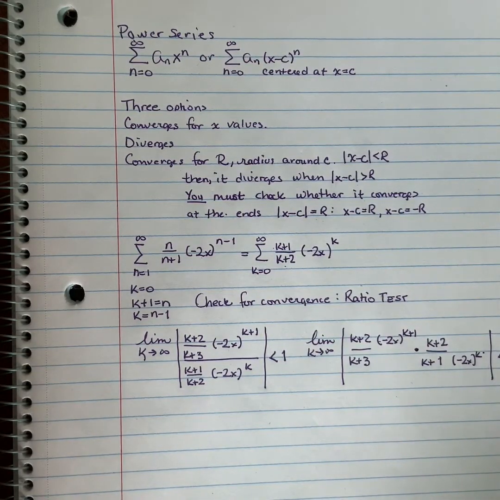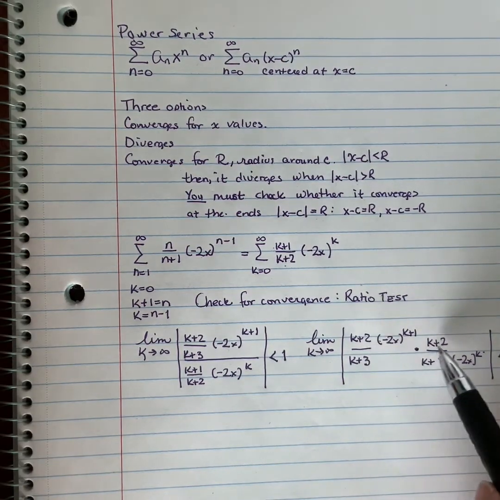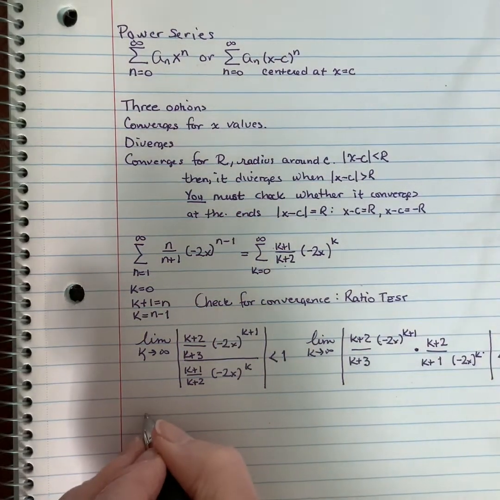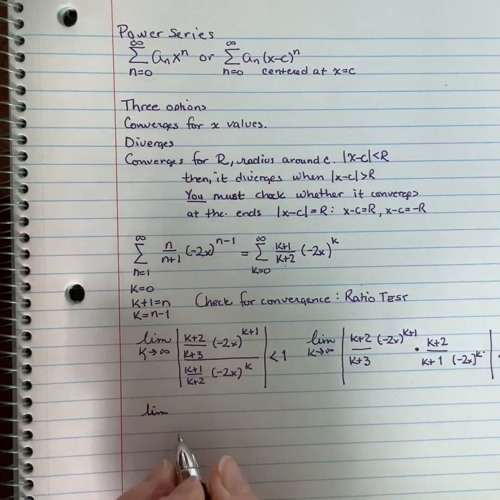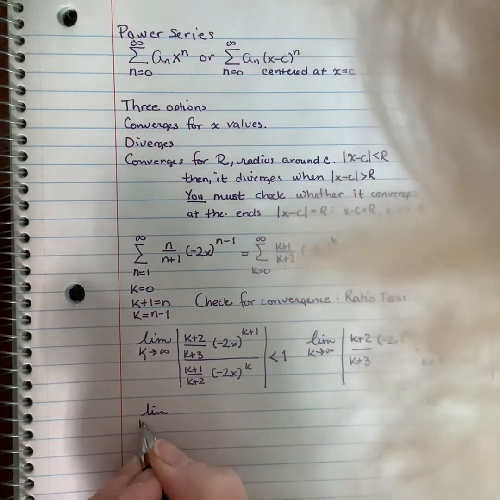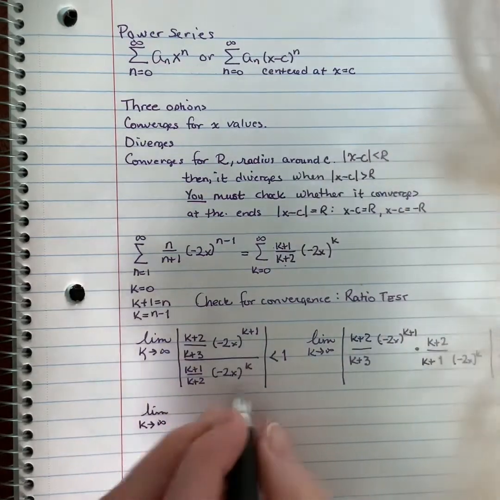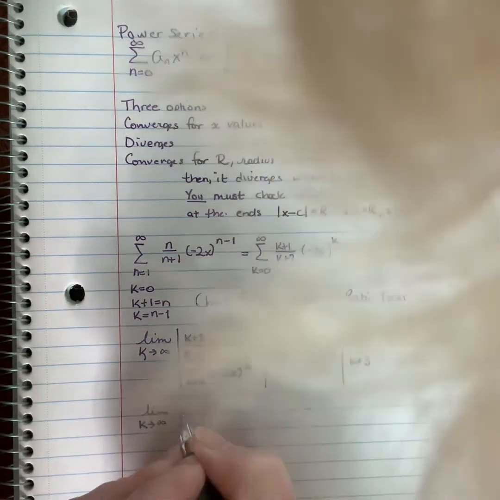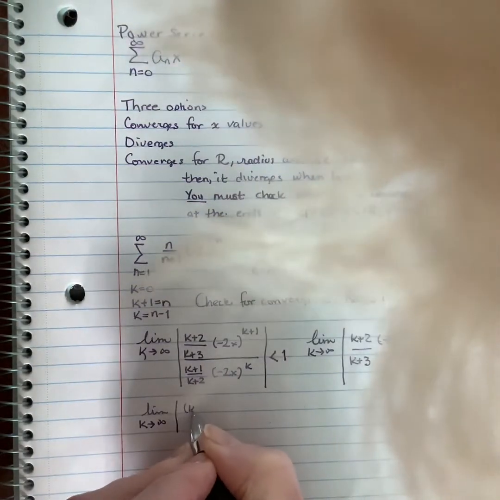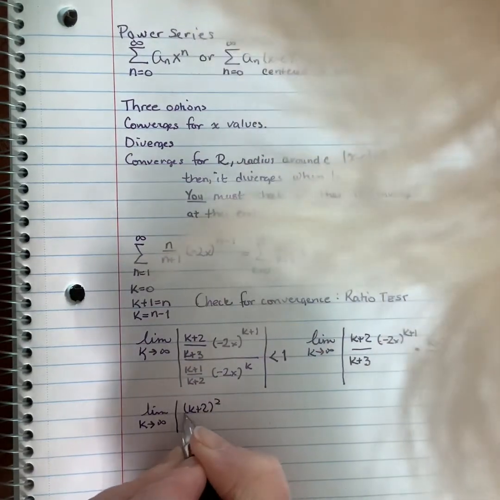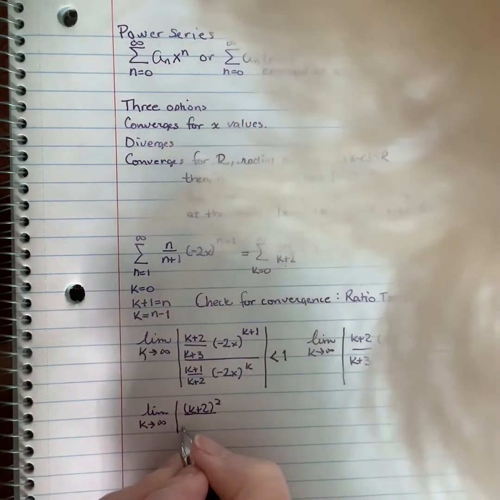So now I have to do some limit work. Well, you'll notice you've got k+2 times k+2. So I've got to take the limit as k goes to infinity of (k+2) squared over (k+3) times (k+1).